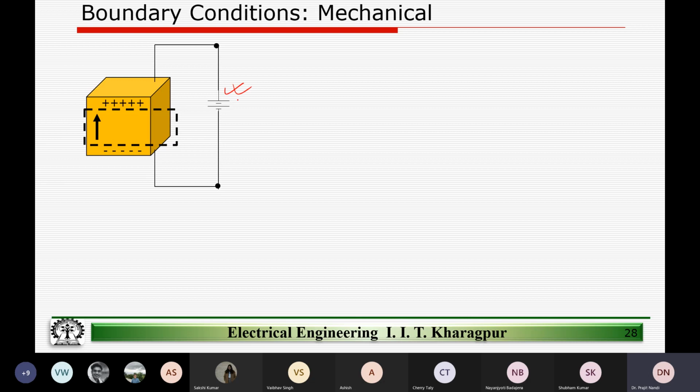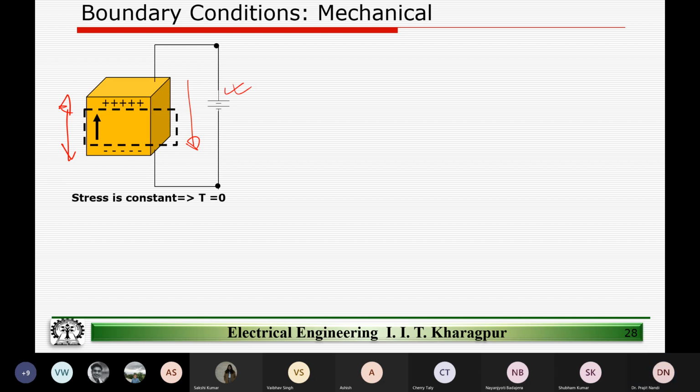So the external field is in the opposite direction to the poling direction, which means the material will become shorter. This length that we have here will reduce, and that's what I've tried to show by the box.